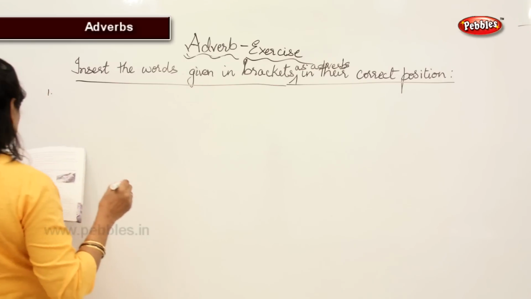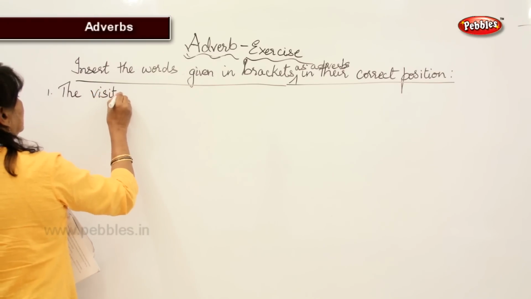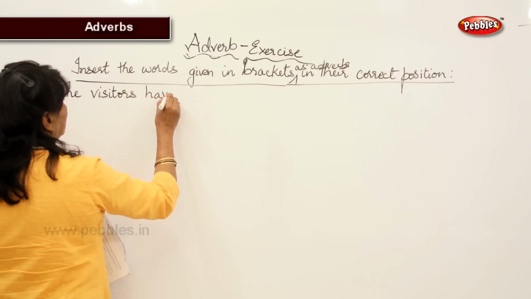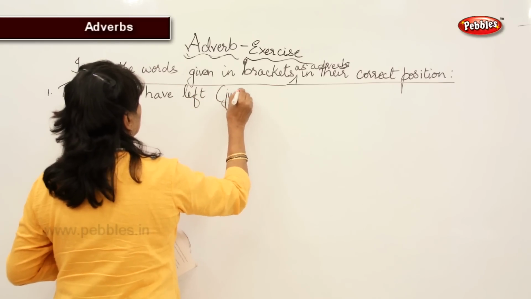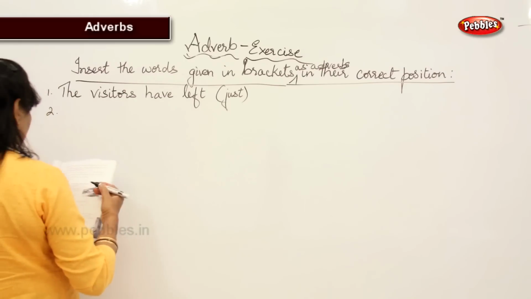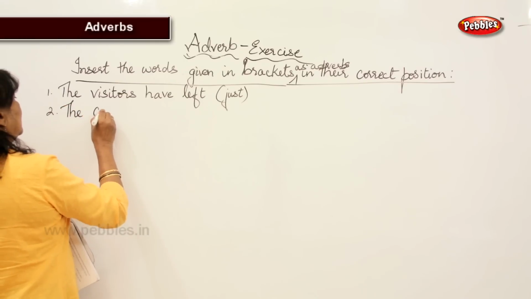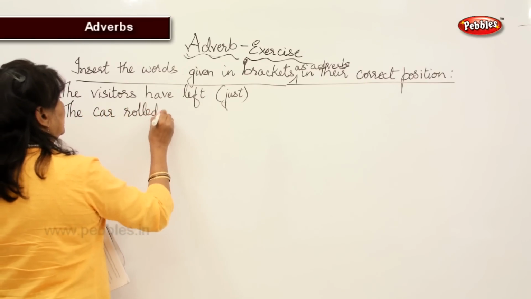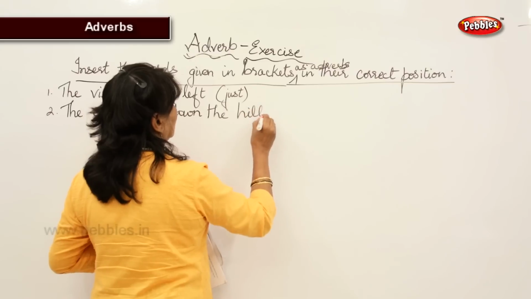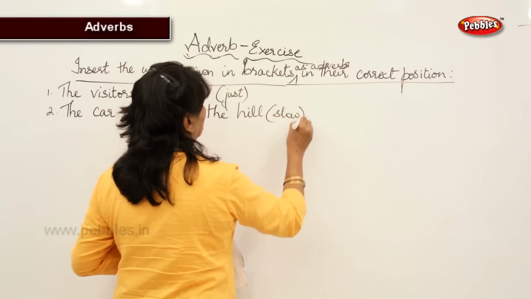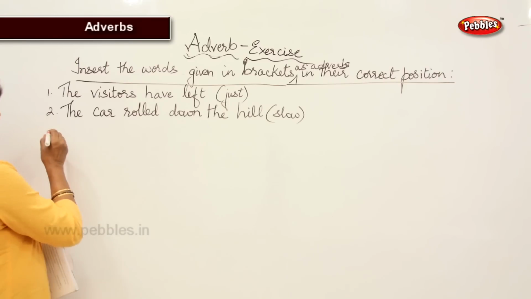First one, the visitors have left. Second one, the car rolled down the hill. I am just giving the words, you have to use it as an adverb in the right place. Okay.